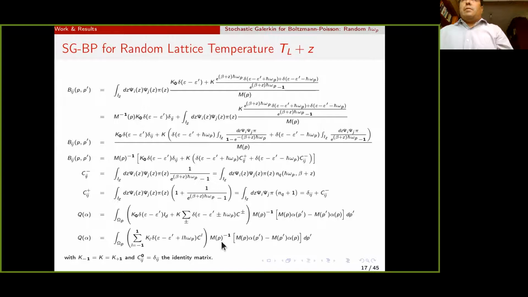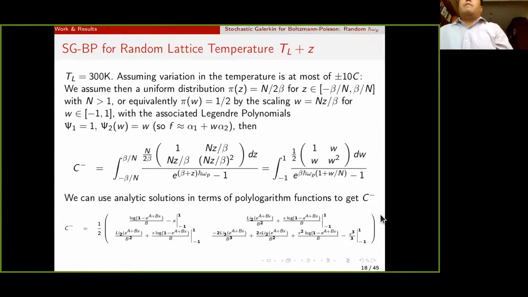You have a collision matrix structure where you have your typical kinetic collision structure of the operators. Then you have your C plus and C minus, which are matrices related to exchange. And I have to present a couple of calculations to give more intuition.